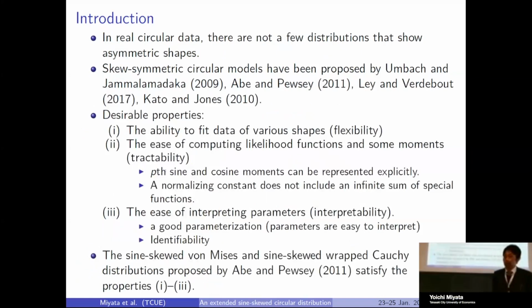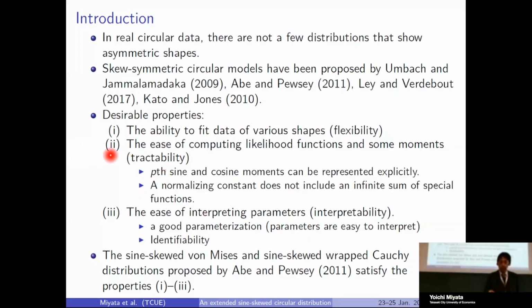In real circular data, there are not a few distributions that show asymmetric shapes, so skewed circular models have been proposed by many authors. There are some desirable properties in statistical models that we now focus on. The first is the ability to fit data of various shapes.